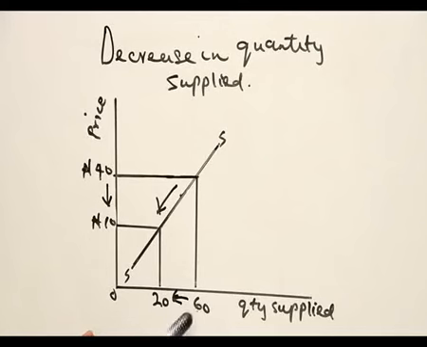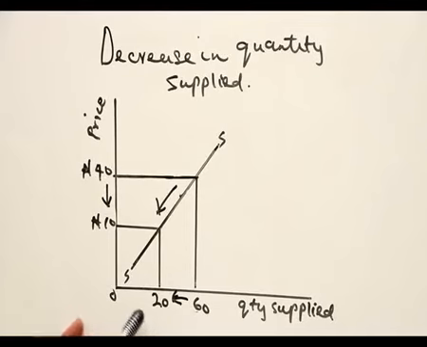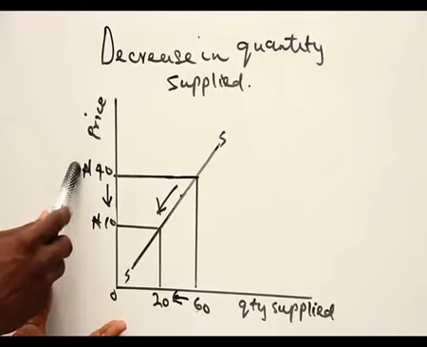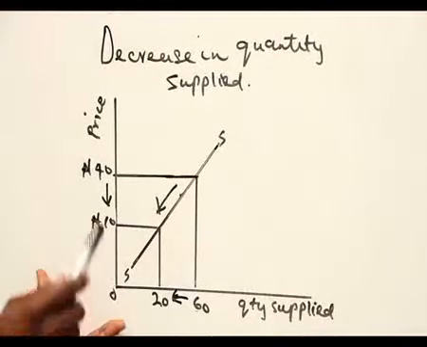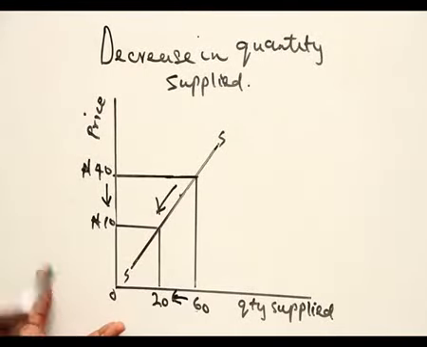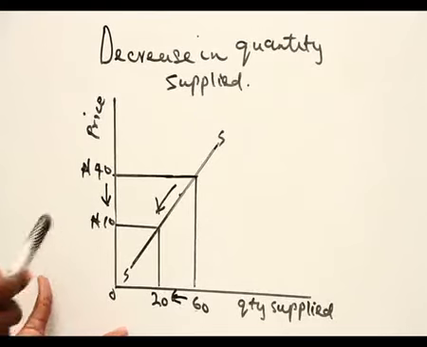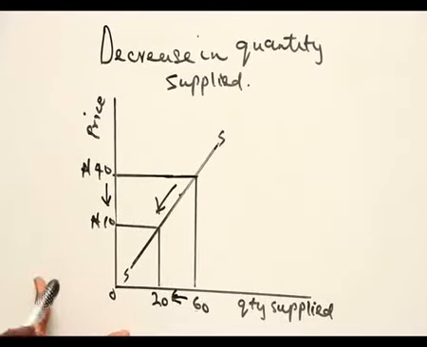There is a decrease from 60 to 20 in the quantity supply as the result of a decrease in price from 40 to 10. So we call it decrease in quantity supply because it is only the price of the commodity in question that is affecting it. Other factors are constant.